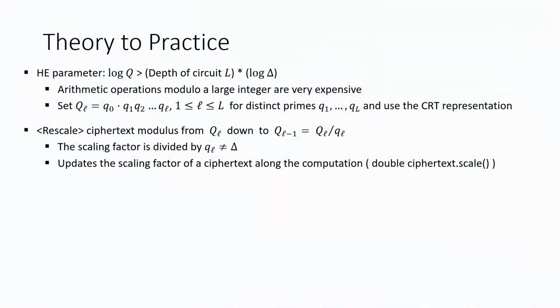One well-known solution for this issue is to use the Chinese remainder theorem and represent a single modulo Q integer as a tuple of integers in smaller moduli. But recall that capital Q was a product of Q0 and delta to the L, which is not compatible with the CRT system.